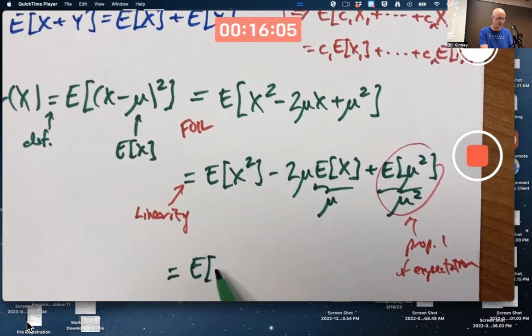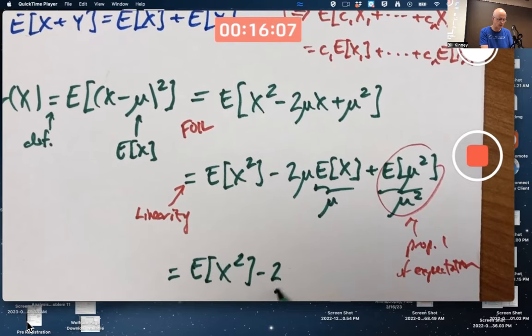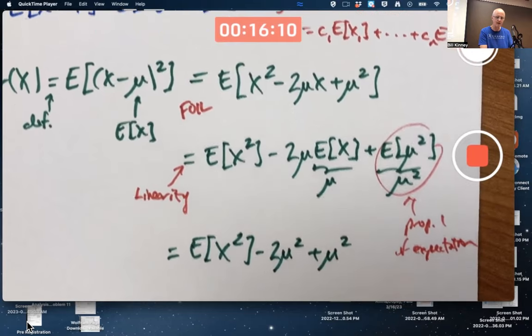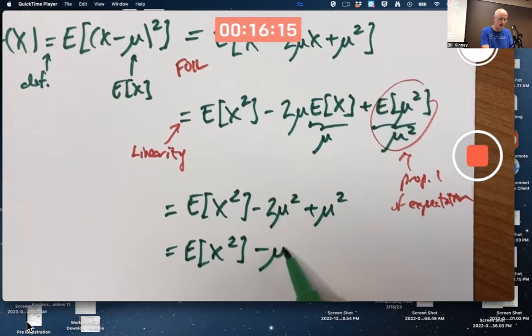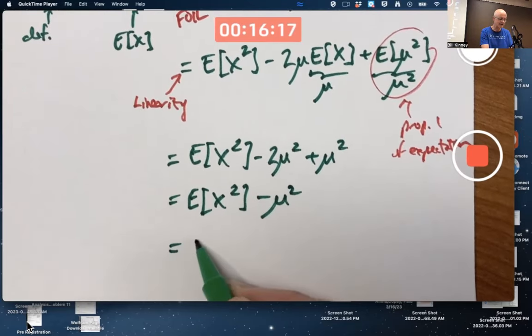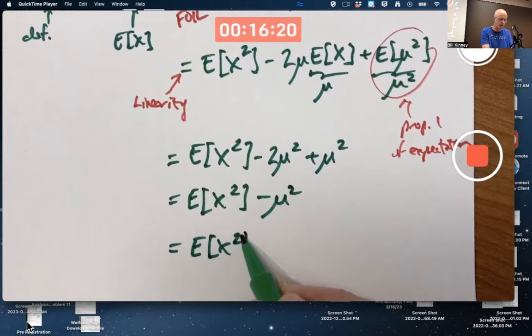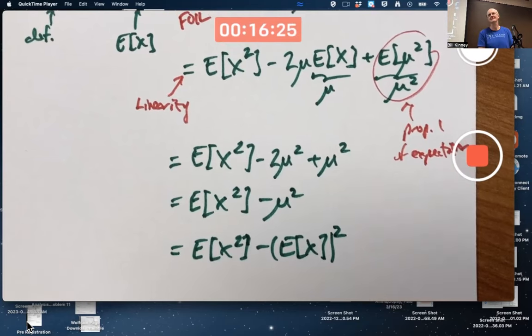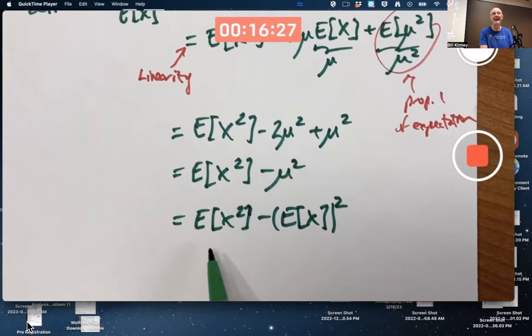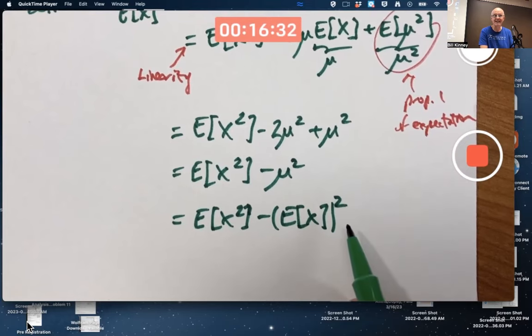So we get the expected value of x squared minus 2 mu squared plus mu squared, which simplifies to the expected value of x squared minus mu squared, which can also be written as the expected value of x squared minus the expected value of x, squared. And unless x is a constant random variable, this is not going to be 0. It's going to be a positive number.